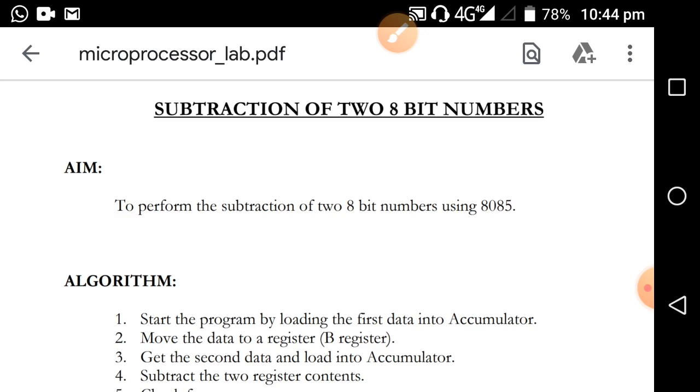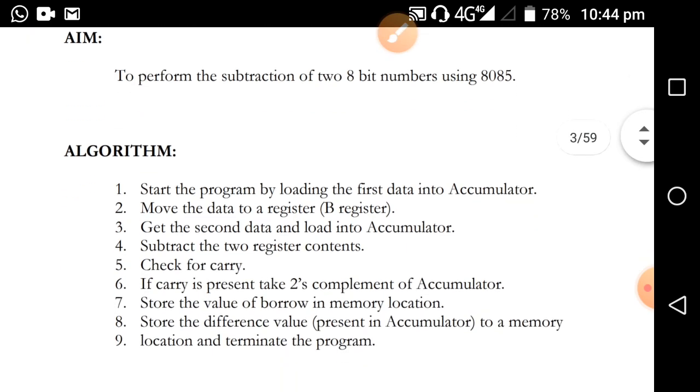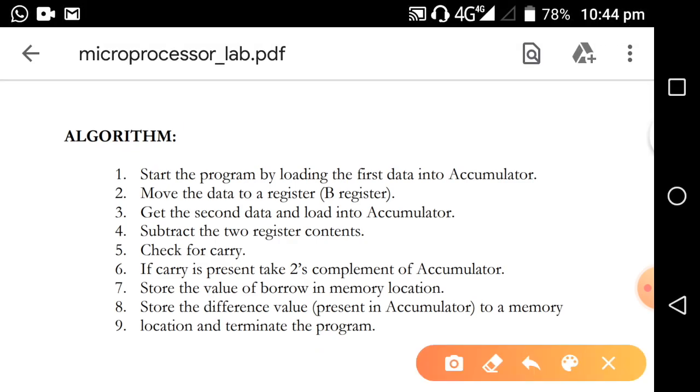Okay, so we will use an algorithm to represent this subtraction process. I have taken the steps which are followed to subtract the two 8-bit numbers. In the first step, we start the program by loading the first data into the accumulator.